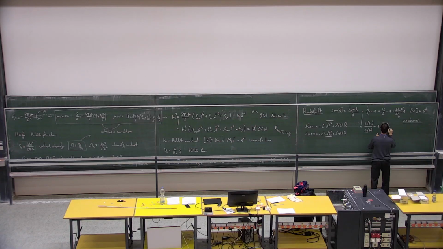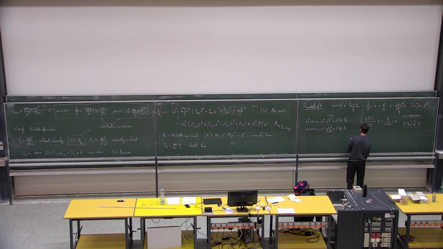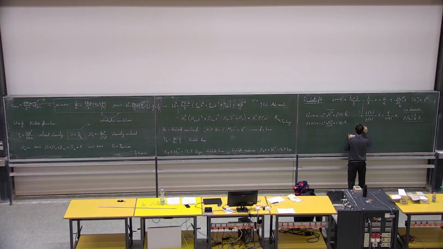1 over a at t, minus 1, by definition. If we do that, let's write the expression of a of t as a function of redshift. So you see, it is an observable quantity through spectroscopy, for example.